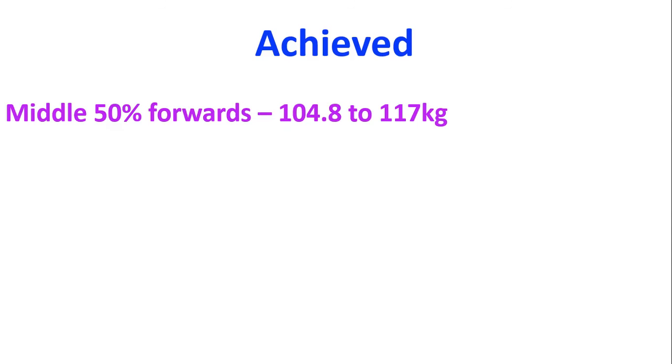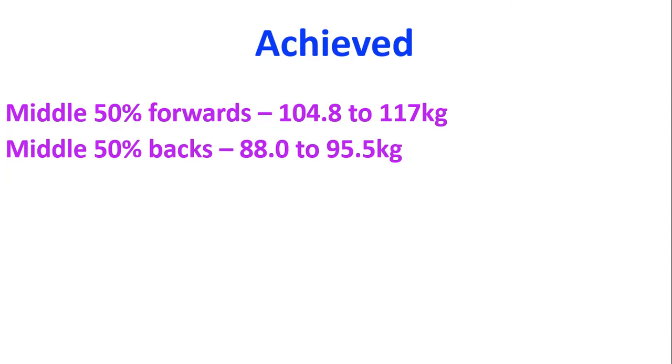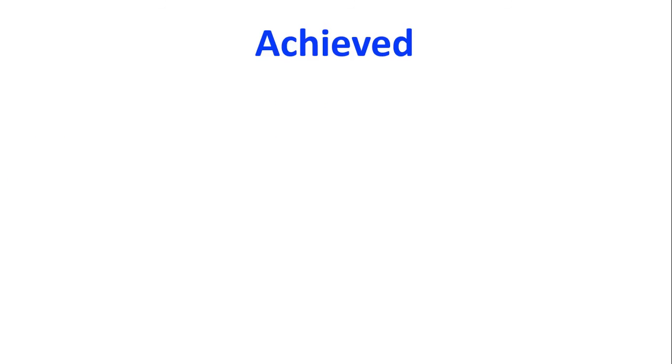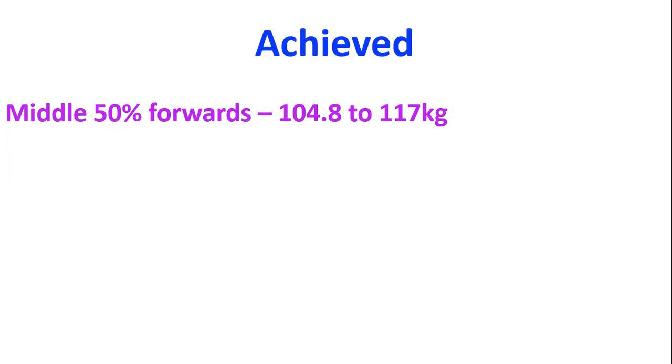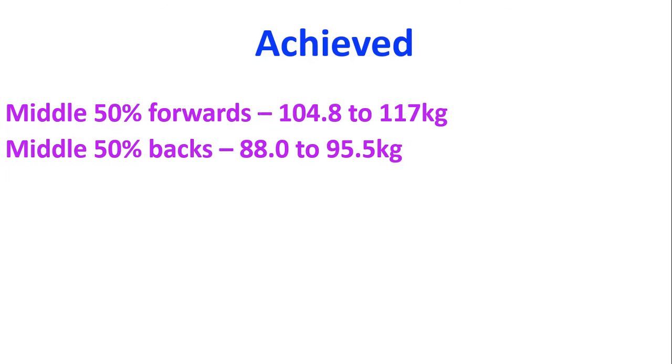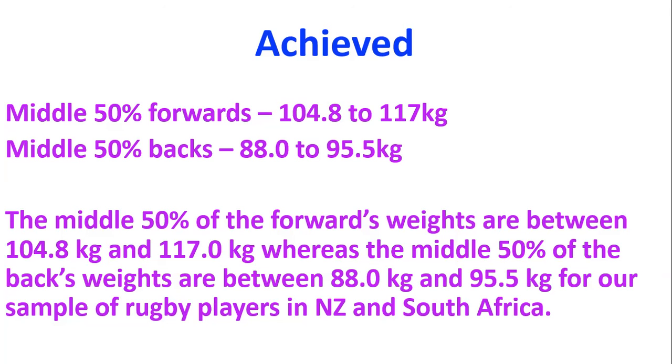So for achieved, I'm just making a quick note of these numbers. Oh, and it should be 104.5, I think. Yes, .5 rather than .8. So that's me just making a typo. So I'm going to be able to say that the middle 50% of the forwards' weights are between 104.5 kilos, that's my mistake, remember, and 117 kilograms.